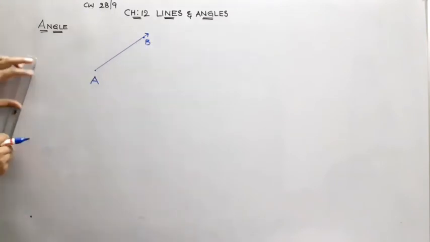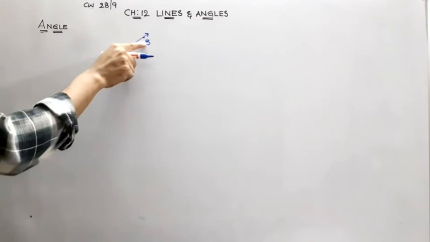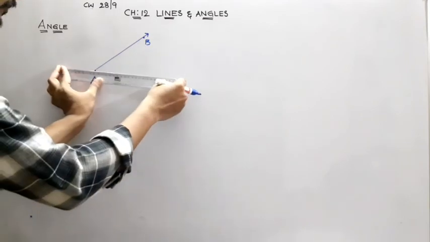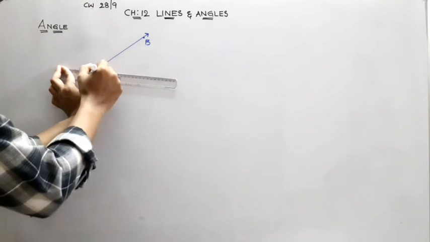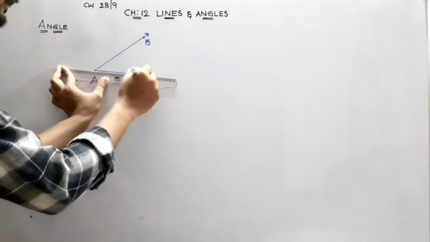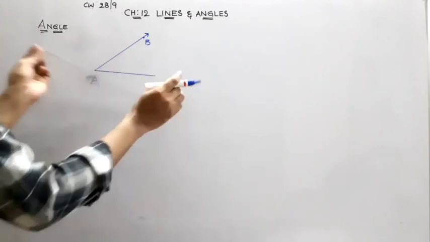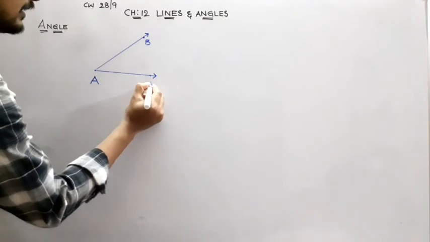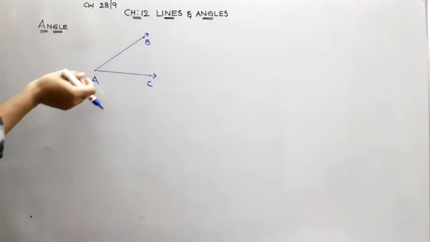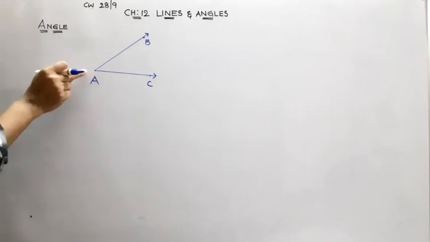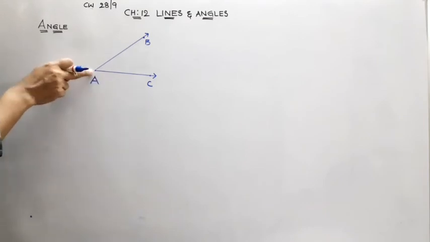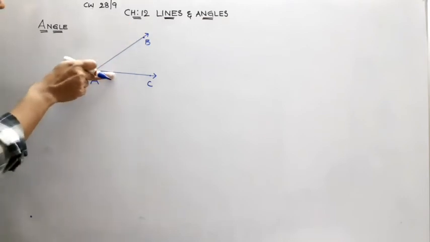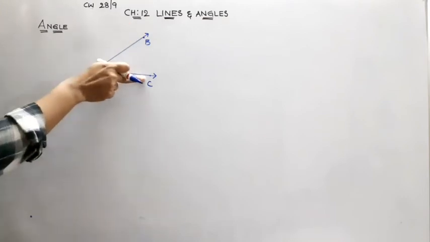So, from A, I drew a ray. With the same point A, I want to draw another ray in a different direction and I am naming it C. So from the same initial point, I drew a ray AB and I drew a ray AC. Hope you are understanding, children.